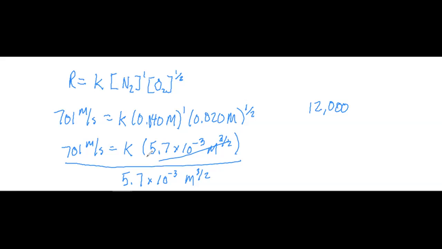The unit on this one's going to be really funny. I've got molar to the first divided by molar to the 3/2. 1 minus 3/2 would be -1/2. So molar to the -1/2, seconds in the denominator, -1.